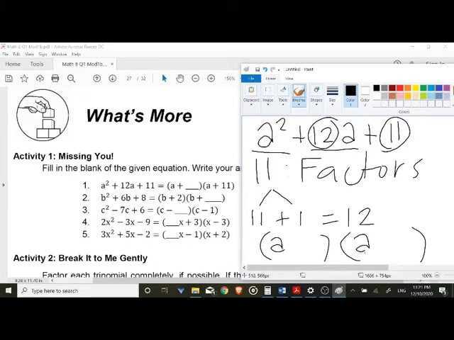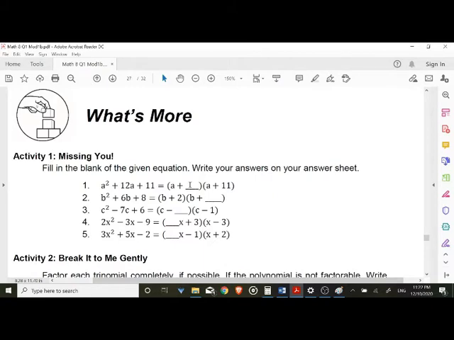Tapos plus sign po natin yung sign po ng ating factors, 11 tsaka 1. Pareho po silang positive. So, ang magiging sagot po niyan ay a plus 11 times a plus 1. So, if you check here, meron na pong a plus 11. So, therefore, yung sagot po natin dito is 1.